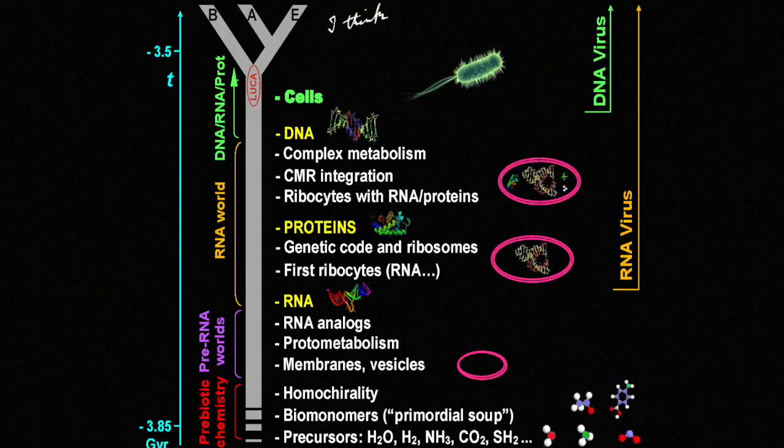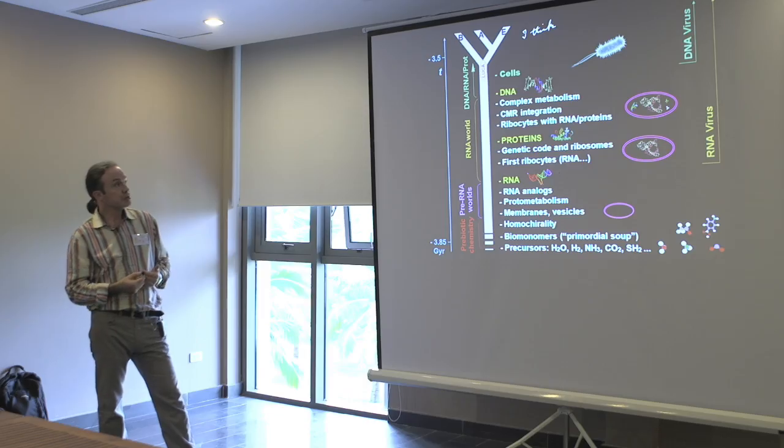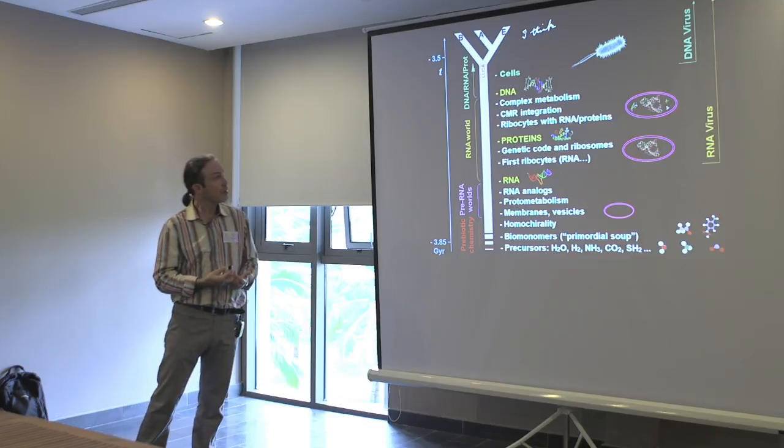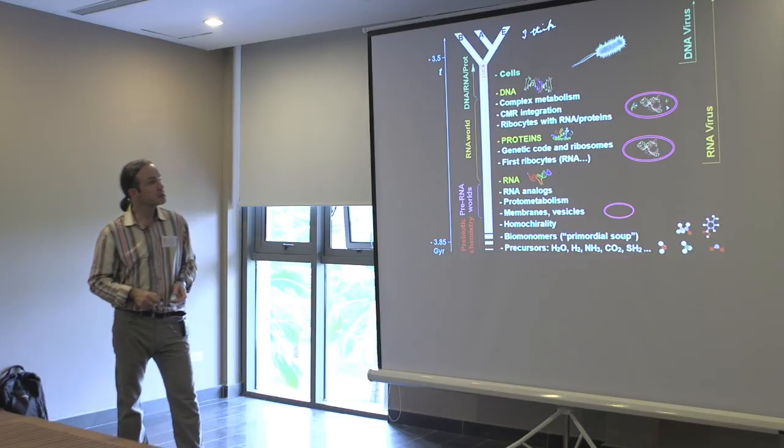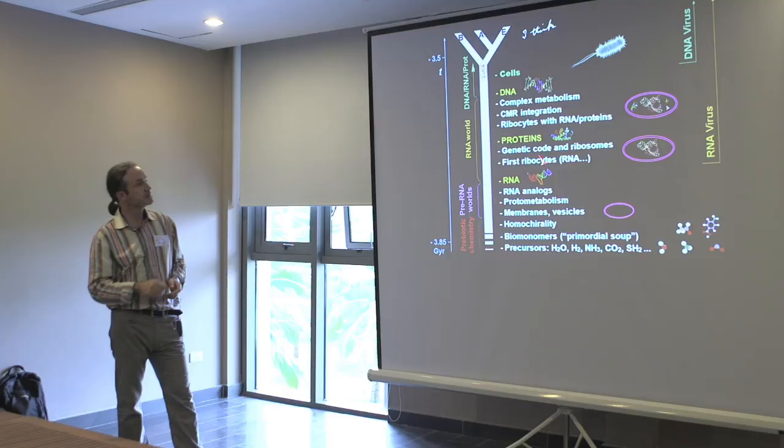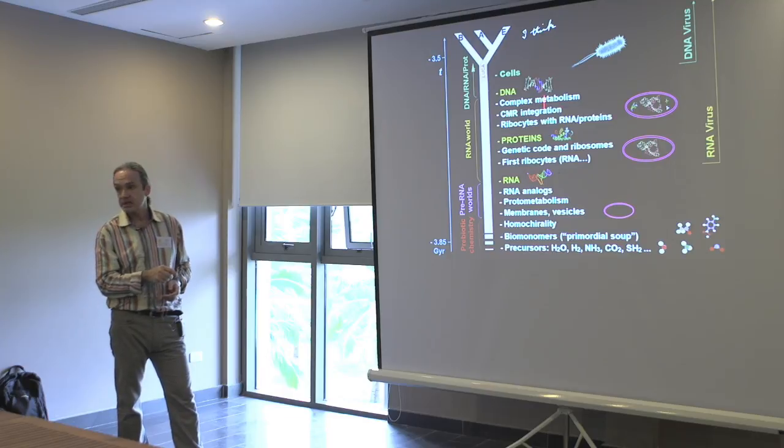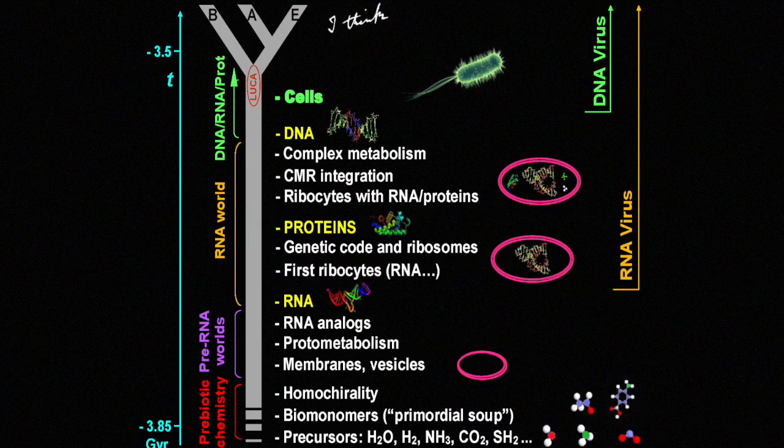The development of a complex metabolism, perhaps the appearance of a DNA molecule that, as I told you, showed a more active role in keeping biological information, genetic information, and then modern cells. So perhaps this is how it worked. This could be a timeline.